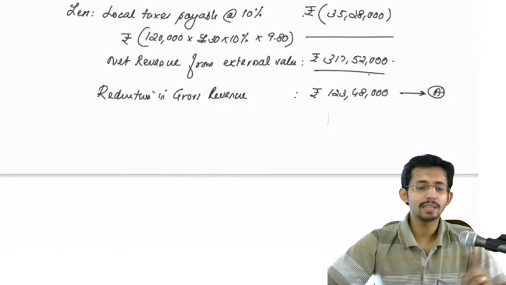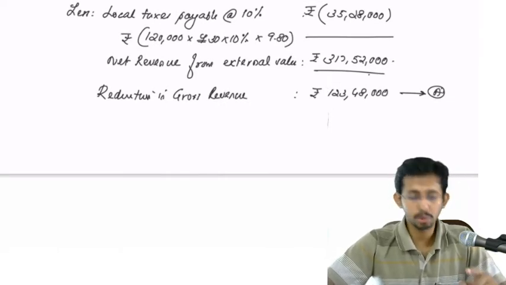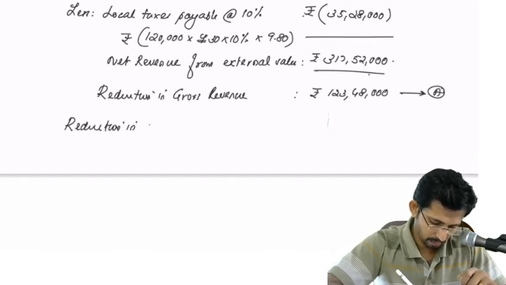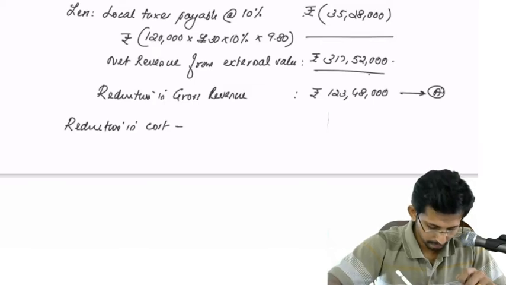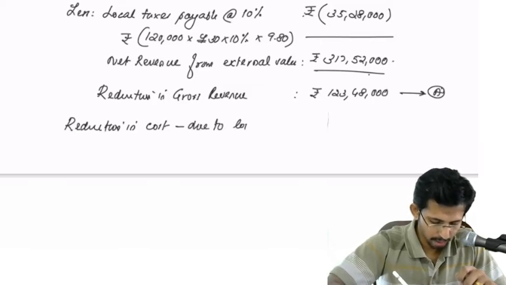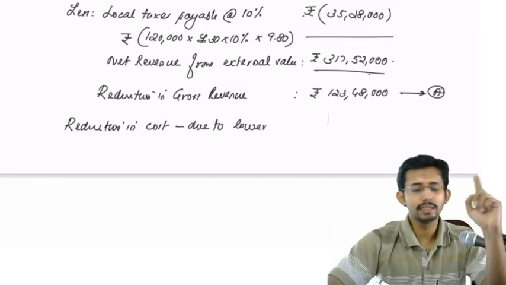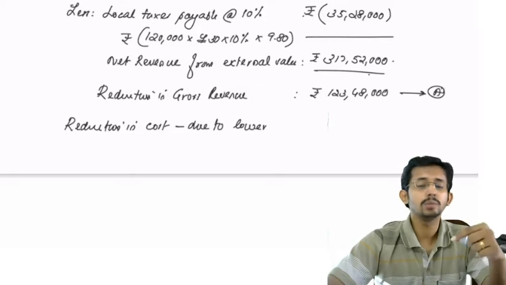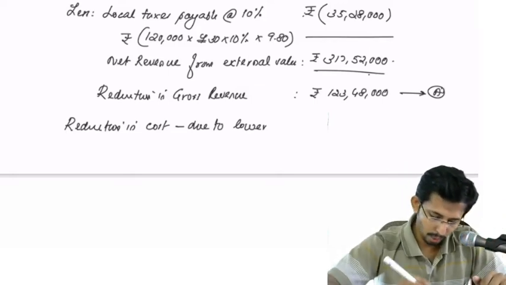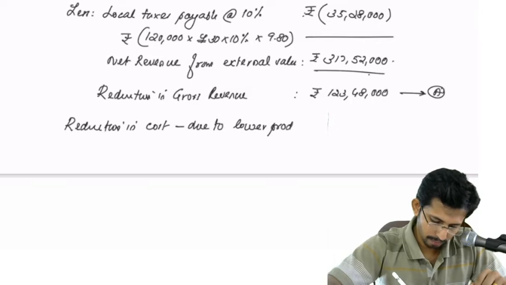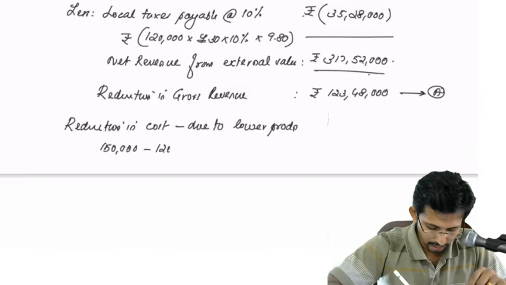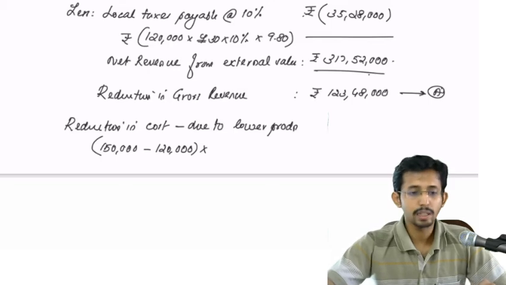Now what you have to do? There is reduction in expense also, cost also. Why is there reduction in cost? Because in the case of internal transfer, you had to produce 1,50,000 units, but here you are producing only 1,20,000 units. So due to lower production, what is the reduction in production? 1,50,000 minus 1,20,000, that is 30,000 units, into what is the variable cost?